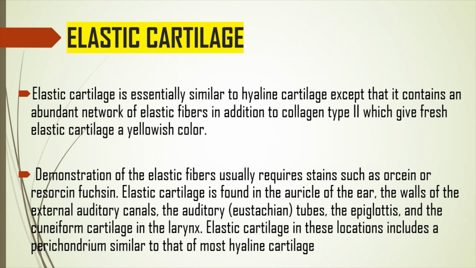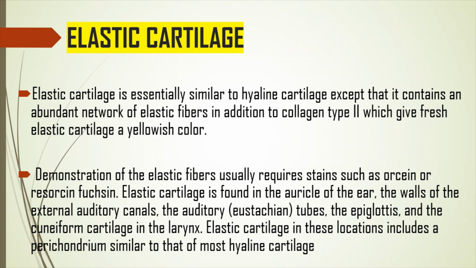Alright, now let's look at the introduction to elastic cartilage. Elastic cartilage is essentially very similar to hyaline cartilage, except that it contains an abundant network of elastic fibers. So both collagen fibers and elastic fibers are found in elastic cartilage, but the most abundant are the elastic fibers. Because elastic cartilage has abundant elastic fibers, it will appear yellowish and it will be more distensible.